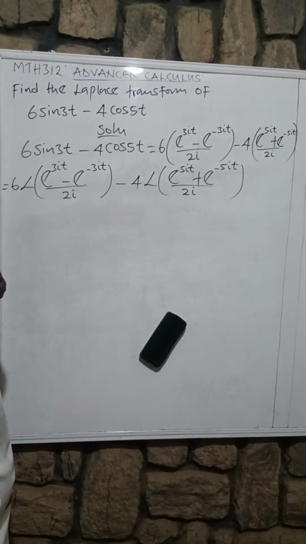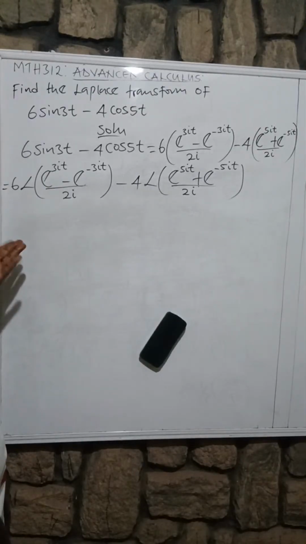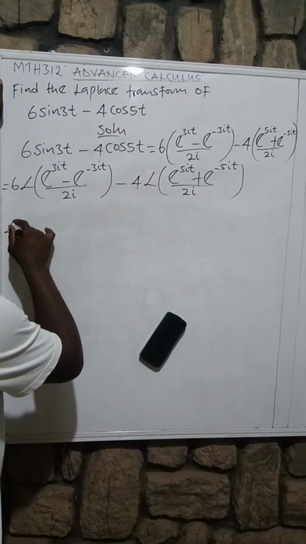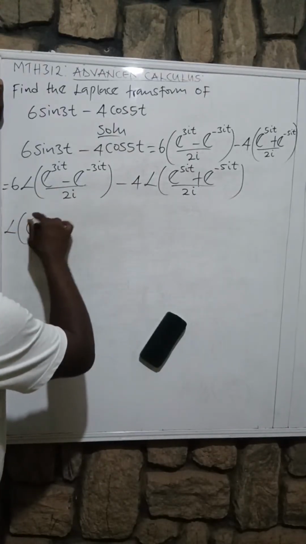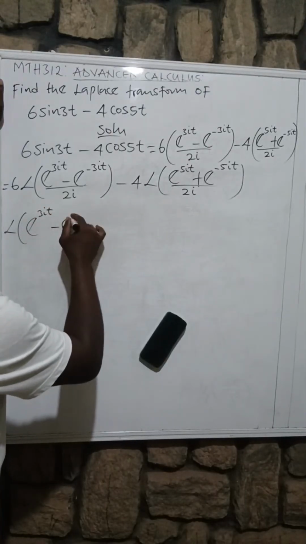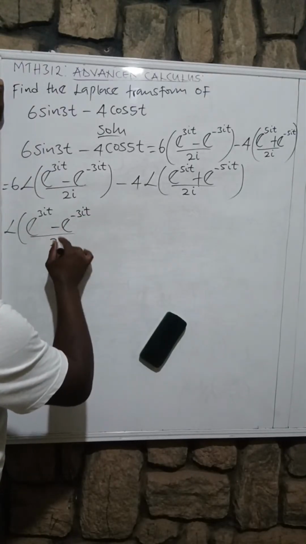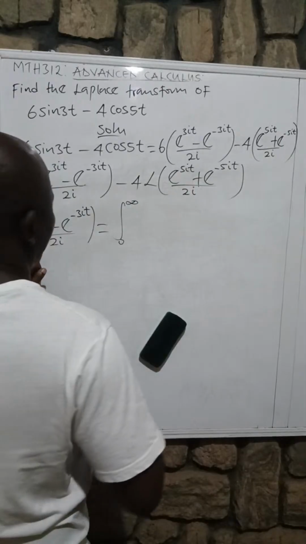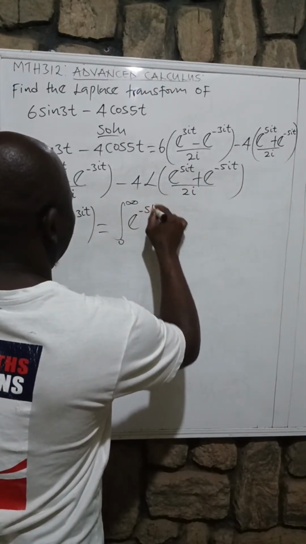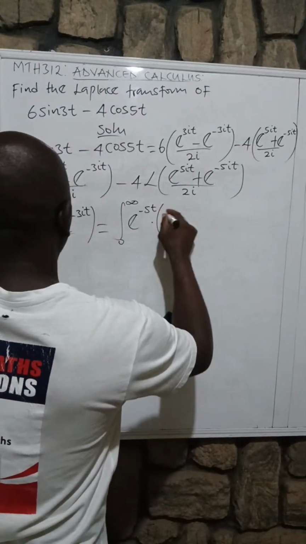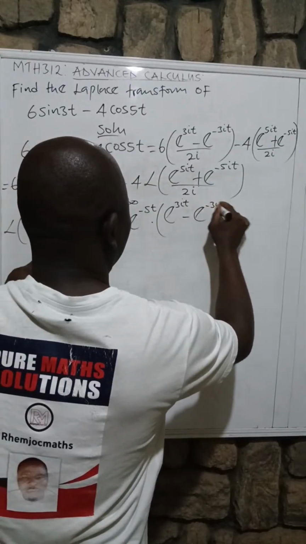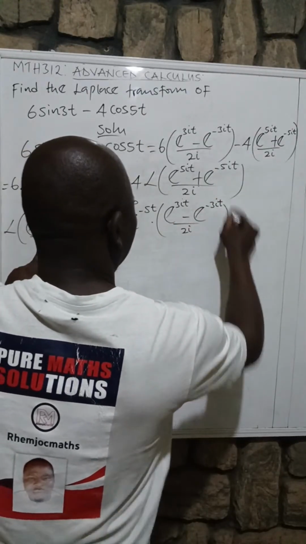So if you can see what I am saying, you don't need a prophet to tell you that, considering this one after the other, the Laplace of exponential 3it minus exponential minus 3it all over 2i is equal to the integral from 0 to infinity of exponential minus st times exponential 3it minus exponential minus 3it all over 2i dt.